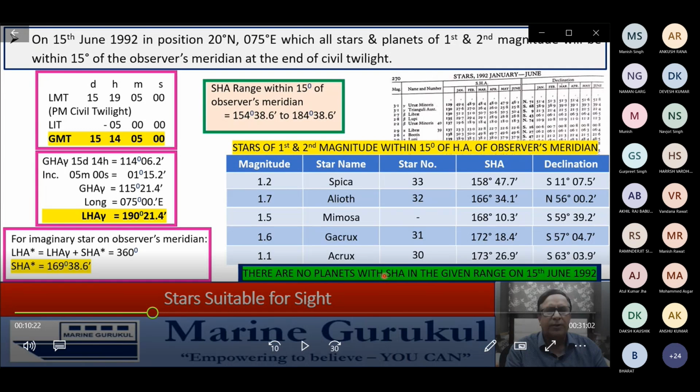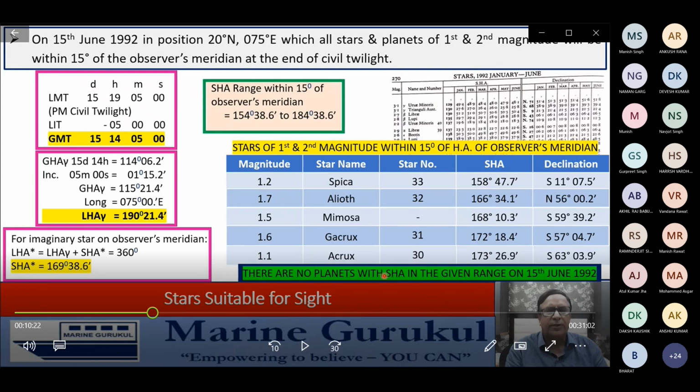Depending upon our position, whether we are in the northern or southern hemisphere, we are able to see only a limited number of stars. So out of the 5 stars on our list, which will be visible to us for the observation? This is what we are going to check now.